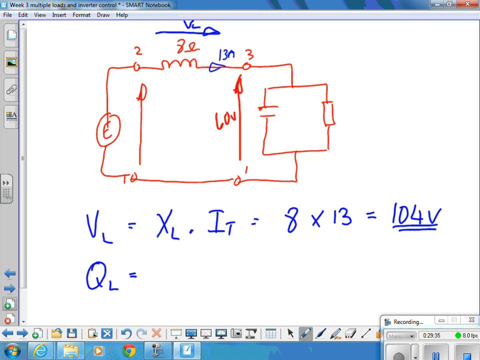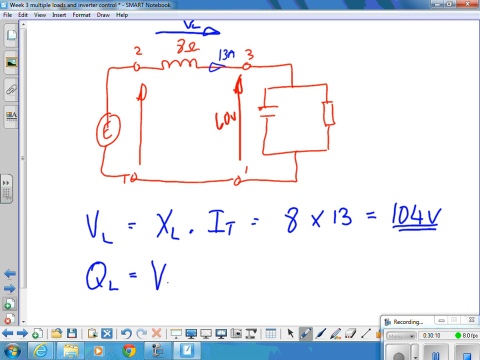How do we do that? E12 times I. E12, what is it? E12 is that one. We want this voltage here, don't we?